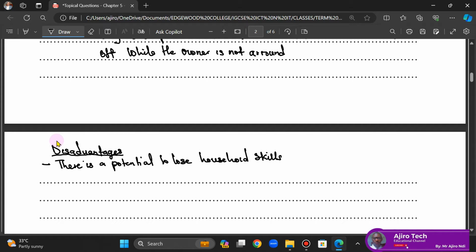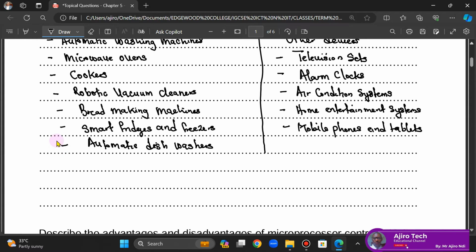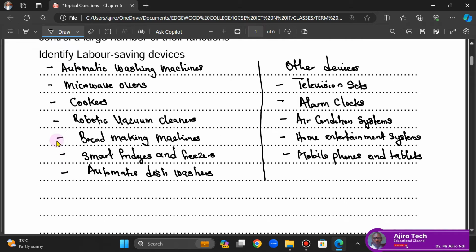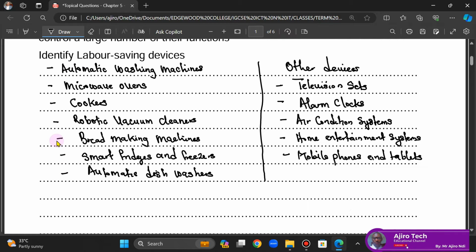Why is this possible? Because all these things are doing the work for us. And because they're doing the work for us, it is very possible that we're going to lose those household skills that we should be doing, that the devices are doing for us.